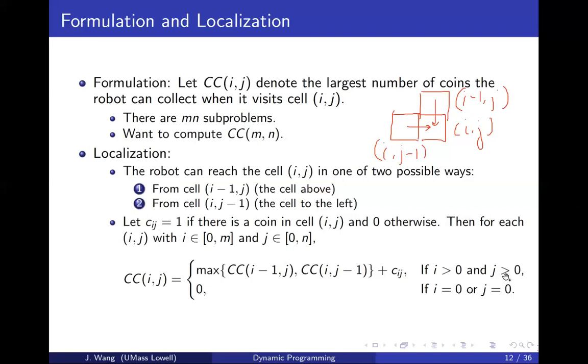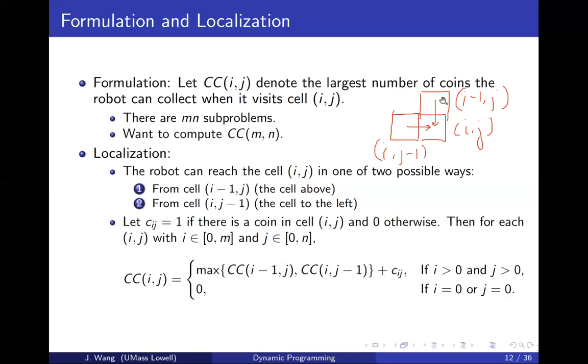So inside the board, when i is greater than 0 and j is greater than 0, then it will be either from here or from here. So either this or that. Which one is bigger? I need to choose.